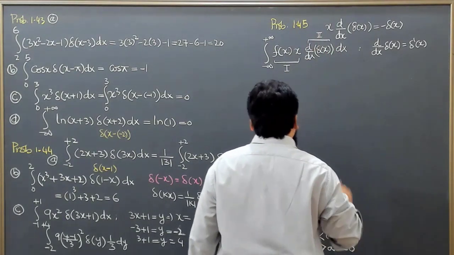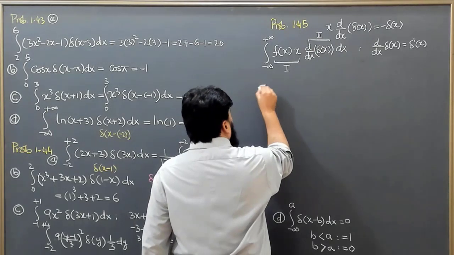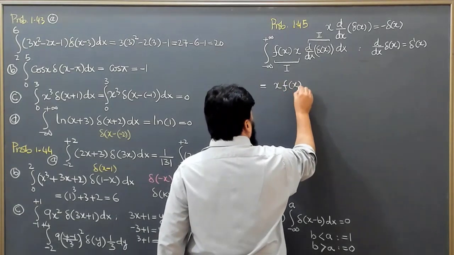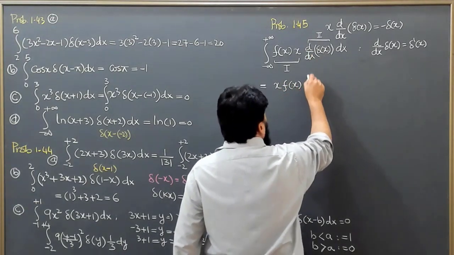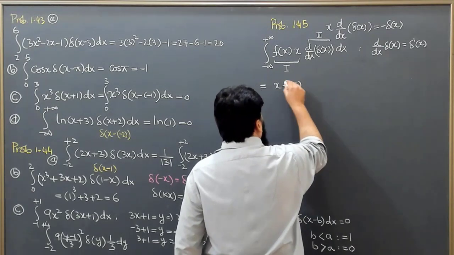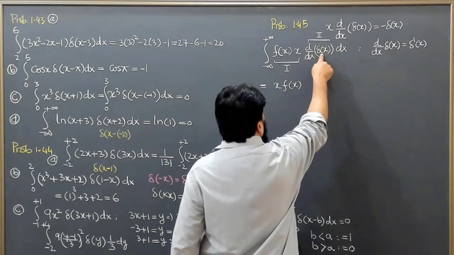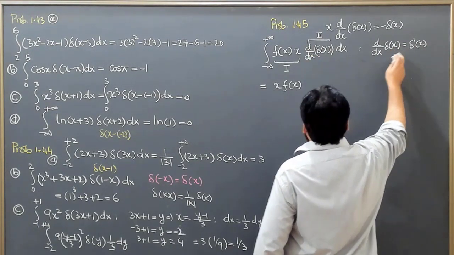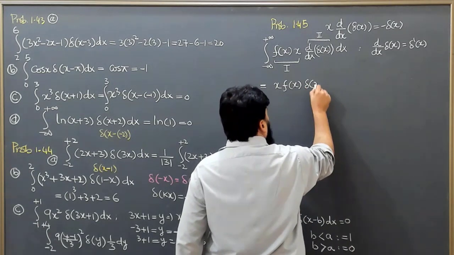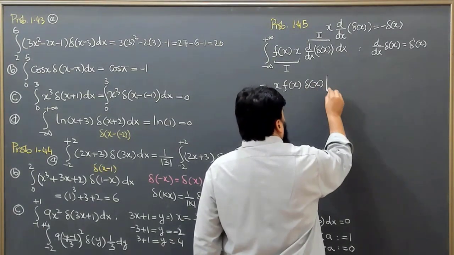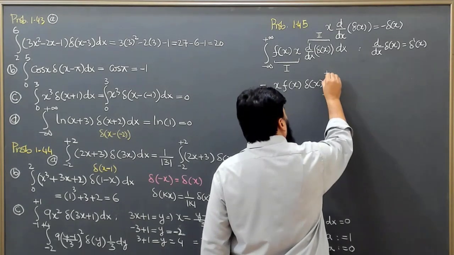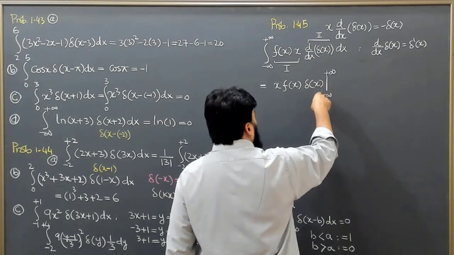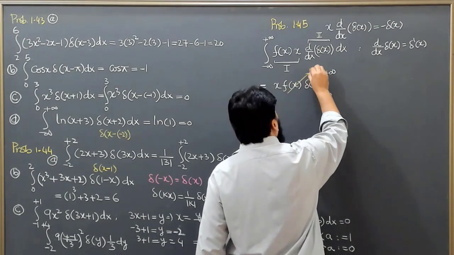So I can write the first function, which is x f of x, into the integration of the second function. The integration of delta prime of x is only delta x, evaluated from minus infinity to plus infinity, and we know that it only gives a value when x is equal to 0, so this whole term goes to 0.